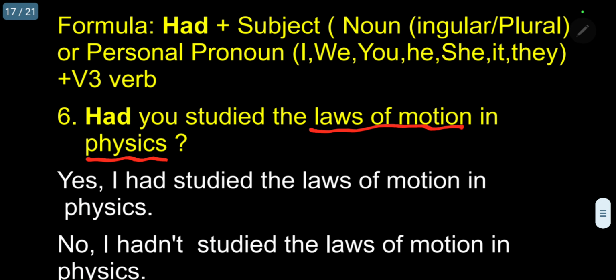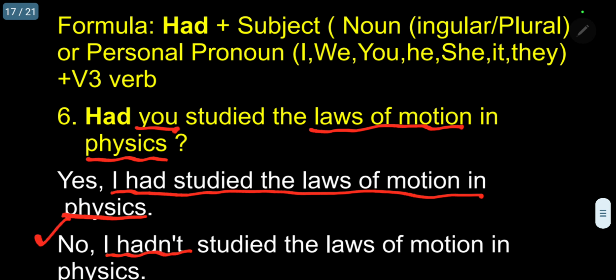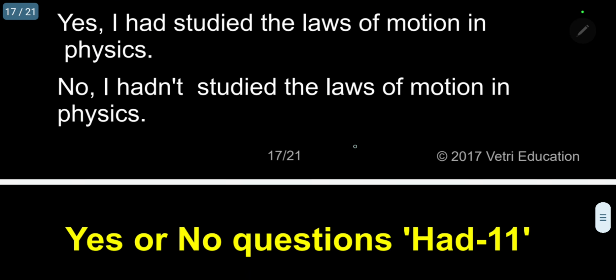If not studied, no. If yes, I had studied the laws of motion in physics, because I am using I. Suppose it is I have not studied, so no, I hadn't studied the laws of motion in physics. This is the correct answer.